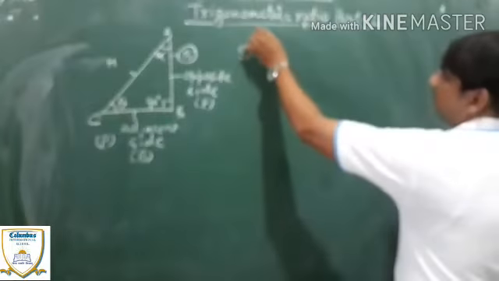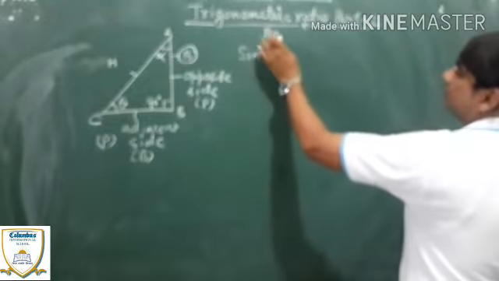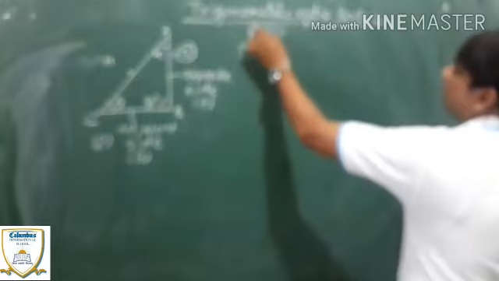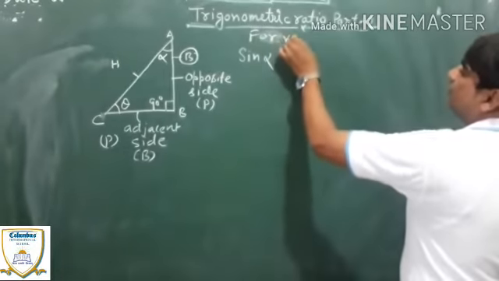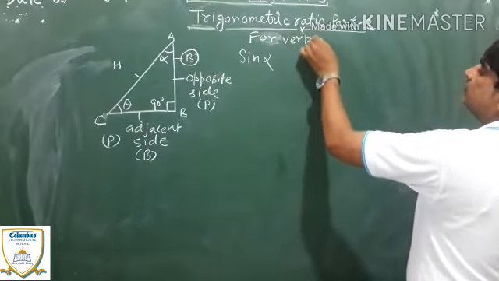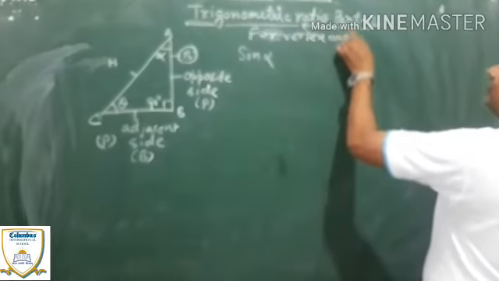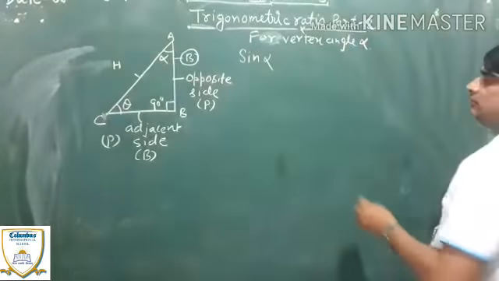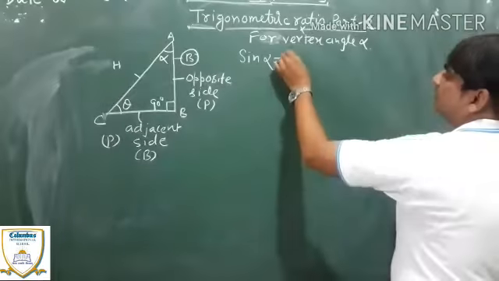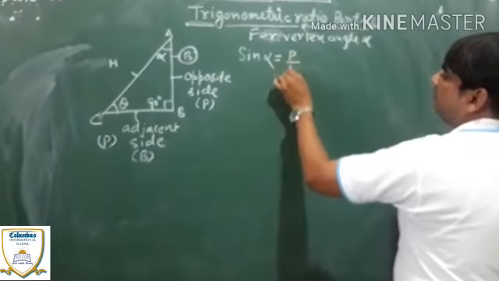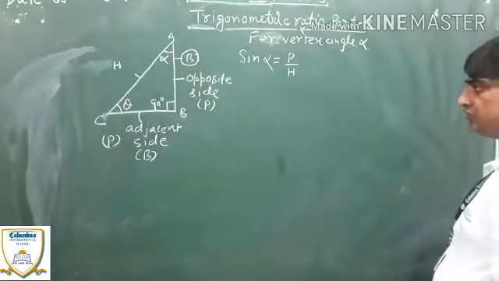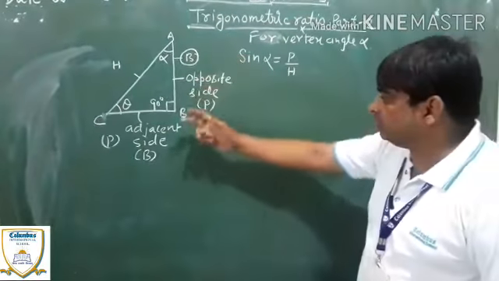Here, perpendicular for vertex angle alpha. Sin alpha is equal to perpendicular by hypotenuse. Perpendicular is what?